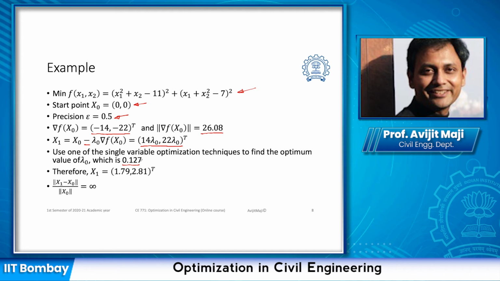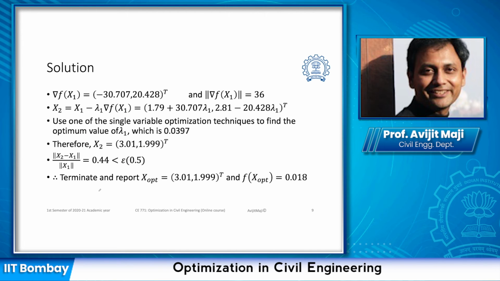Using this value in the equation of x1, we can obtain the actual x1 value, which is going to be this. At this point, if we see how far this point has moved from the previous point, which is x0, we find that the ratio is going to be infinite, which means it is quite a movement, and we can look for the next iteration.